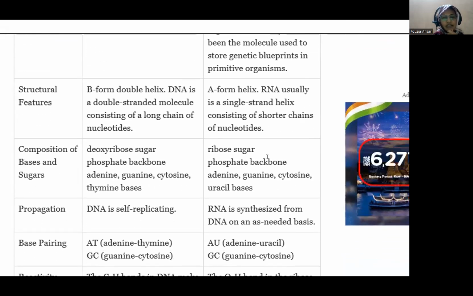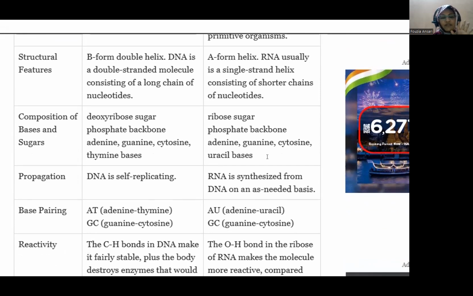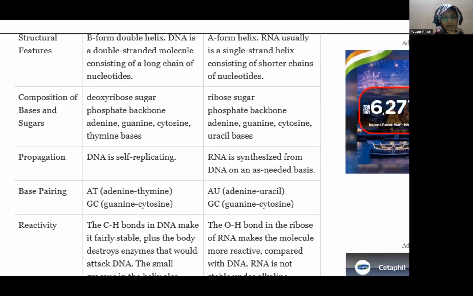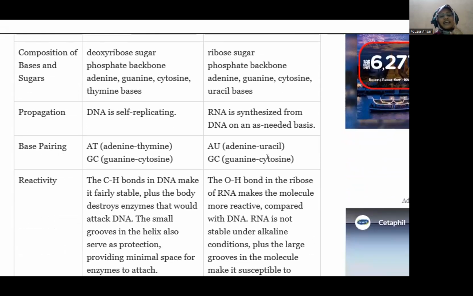DNA is double-stranded and RNA is single-stranded. DNA has a 5 carbon deoxyribose sugar and RNA has a 6 carbon ribose sugar. DNA is formed by its self-replication, and RNA is synthesized from the DNA. That is called transcription.